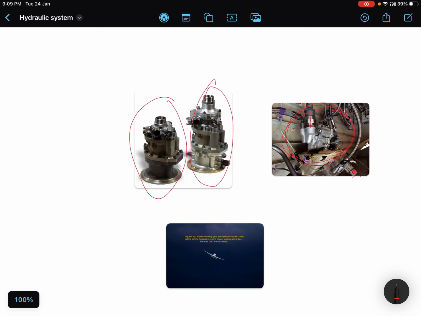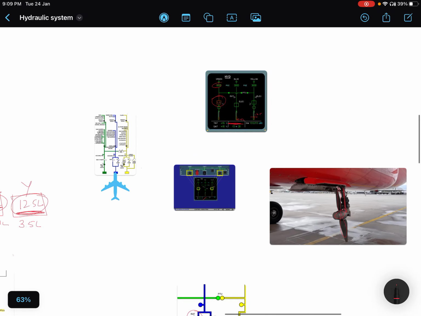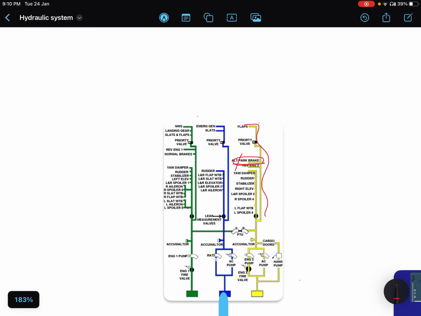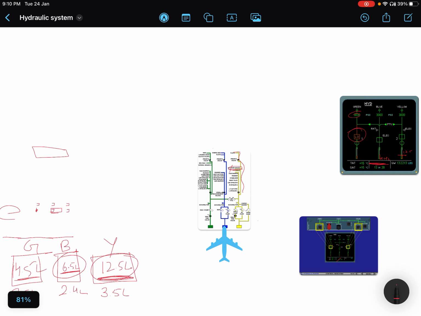Then in landing gear we will talk about alternate braking, then they will talk about the yellow system, you know what I'm saying. They will talk about parking brake, alternate braking, then the green and yellow systems only. That's why I would suggest you read landing gear first, right?